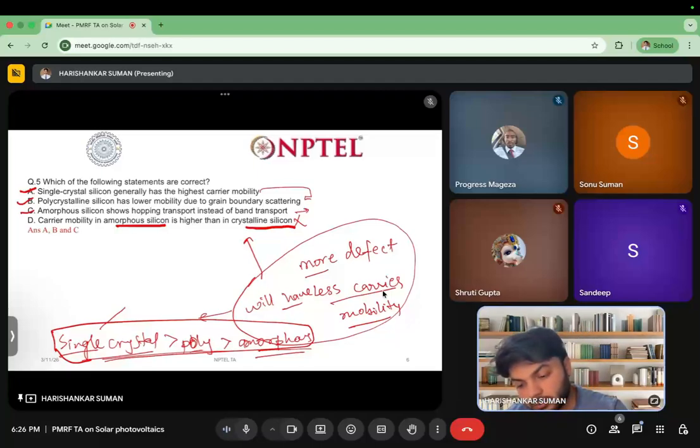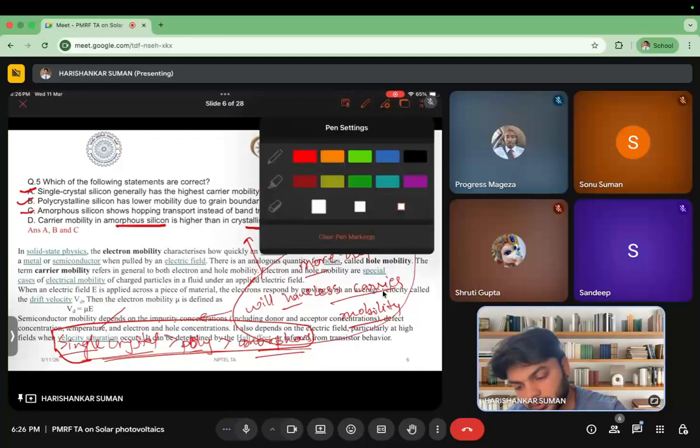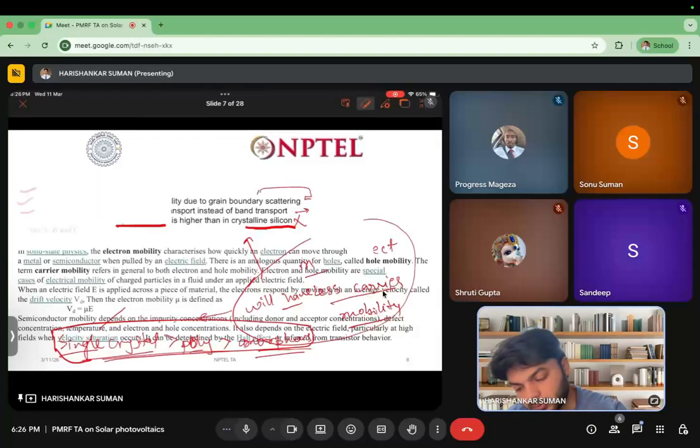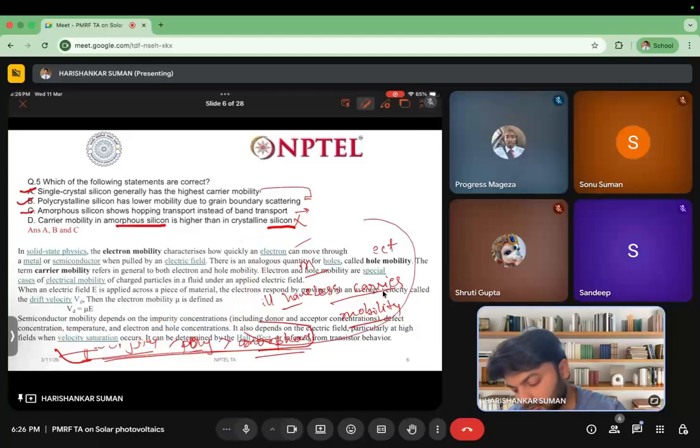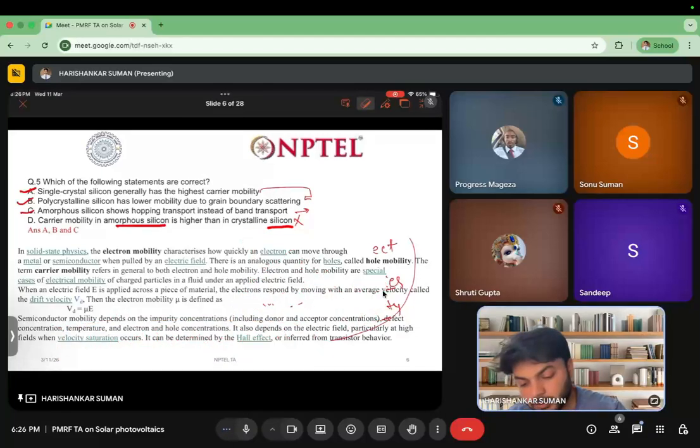And others, also one minute. This is also about mobility. Please read. In solid state physics, electron mobility characterizes how quickly an electron can move through a metal or semiconductor when pulled by an electric field. There is an analogous quantity for holes called hole mobility, and the term carrier mobility refers generally to both electron and hole mobility.